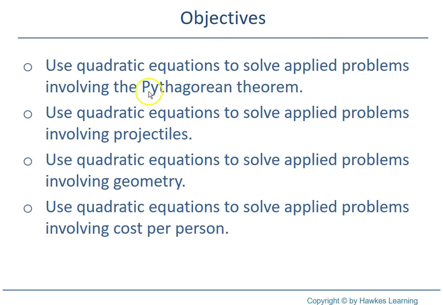Now we're going to do one that involves the Pythagorean theorem, one that involves projectiles, where we're going to shoot rockets up into the air and have them come down. Quadratic equations in which we are involving geometry. And then one that deals with cost per person.